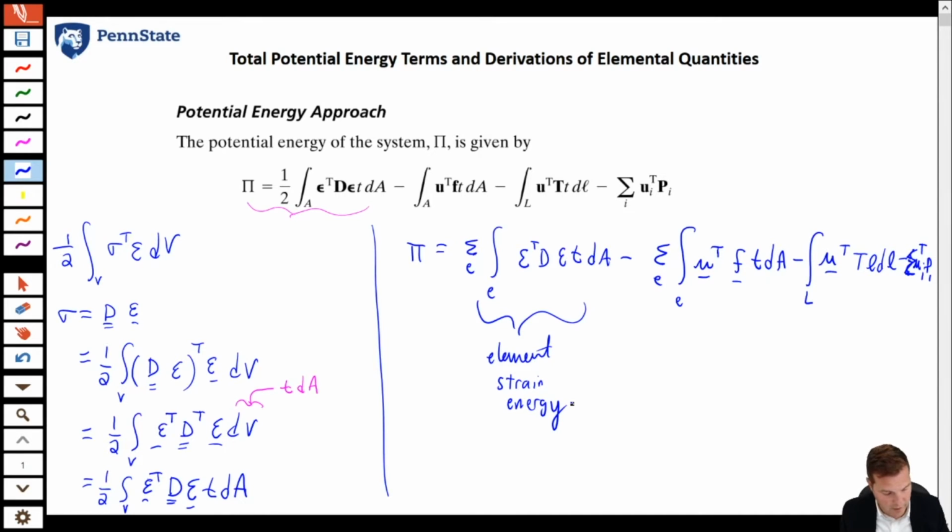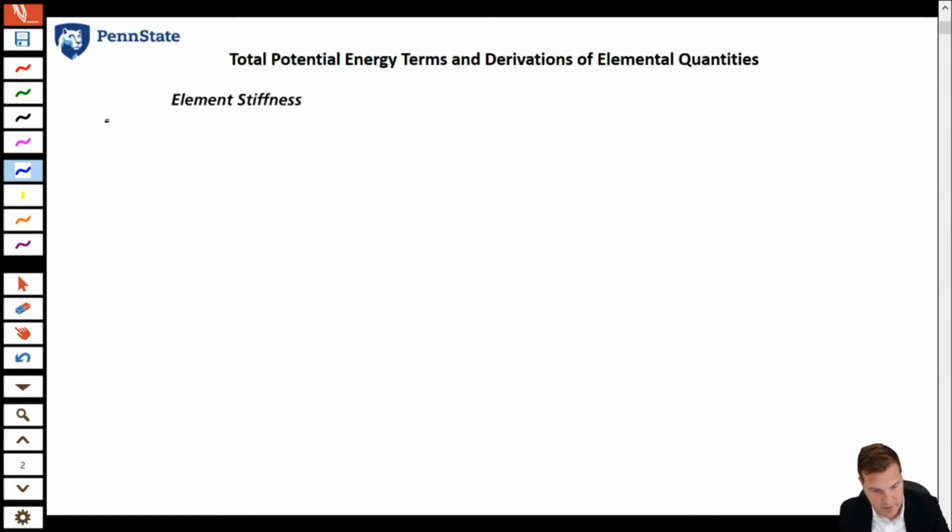Let's take a further look at that to get the stiffness. So we have U_E equal to 1/2 the integral over the element of epsilon transpose D epsilon T dA. Epsilon is equal to what in isoparametric form? We know that's equal to B times q, right?